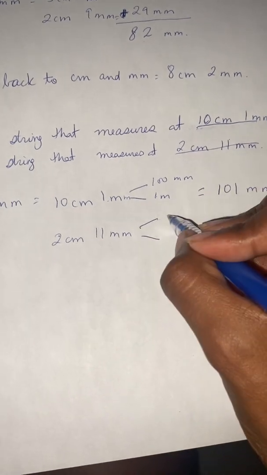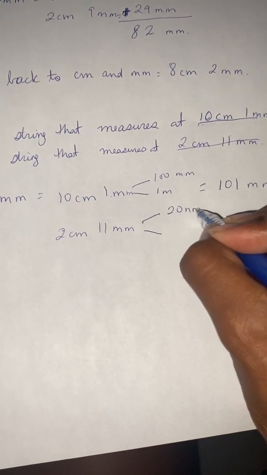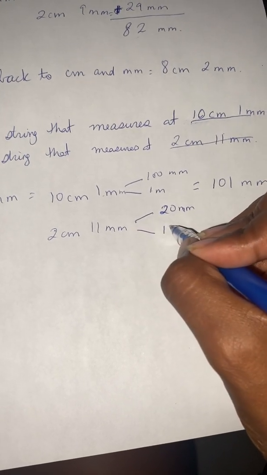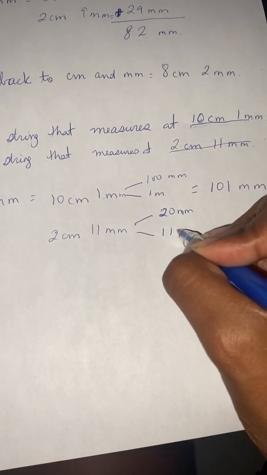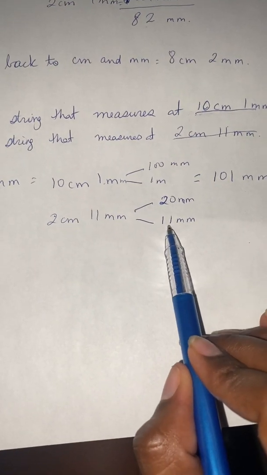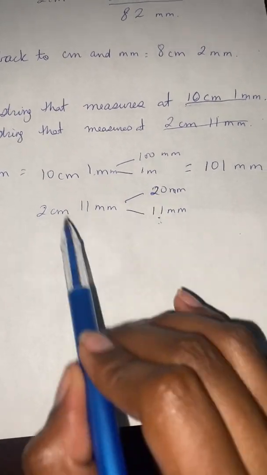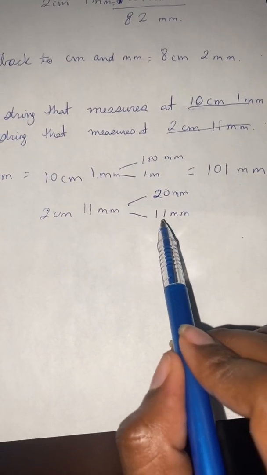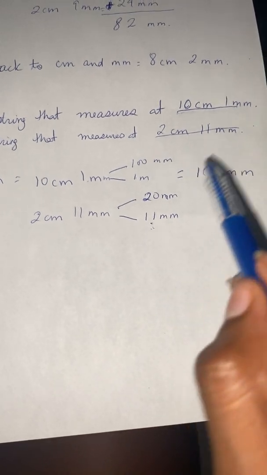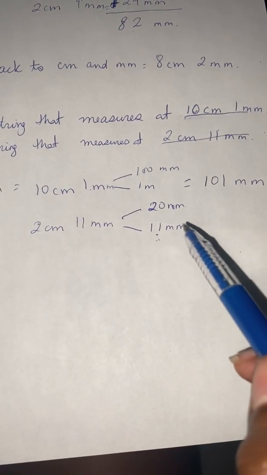Okay, so 2 times 10 is 20 millimeter. And then I just have 11 millimeter. Now it's okay for me to write my 11 because I'm going to add them together and I'm going to get everything in millimeter. I don't have to switch this over to centimeter to make it 3. I'm going to do that after I add everything together.